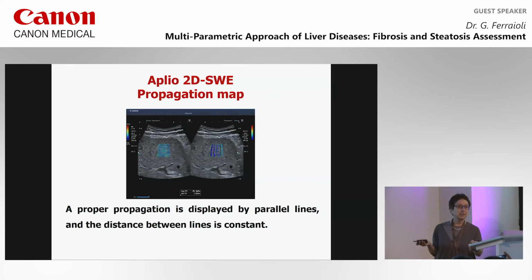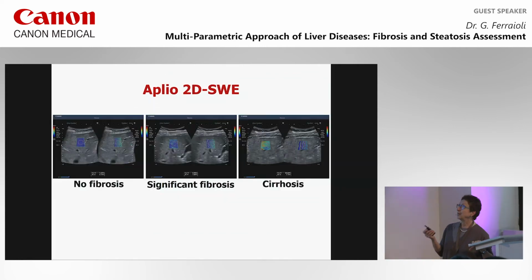This is very important because when we follow this criterion, the measurement is always reliable. And you can see here a case of no fibrosis, significant fibrosis, and cirrhosis. The distance between the lines increases with increasing liver fibrosis. But measurements are performed in areas where the lines are parallel.